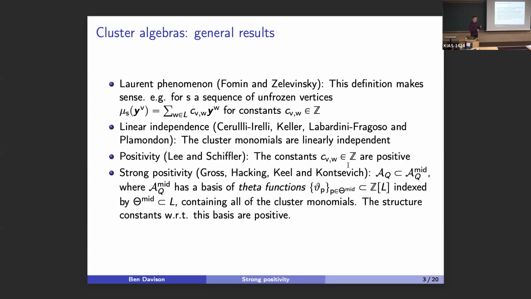So the algebra has a basis, and given my theta functions, the theta functions contain the cluster monomials, and the positivity result says that those cluster monomials, which are all written as Laurent polynomials in this Laurent polynomial ring, have positive coefficients. Strong positivity implies positivity. Yes.